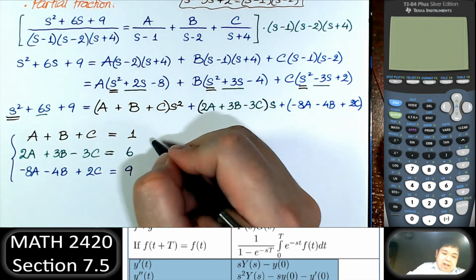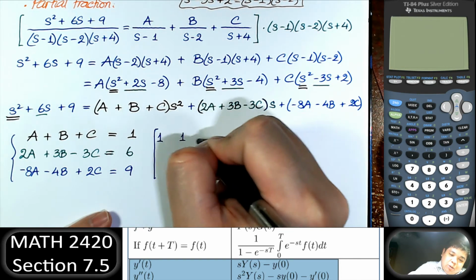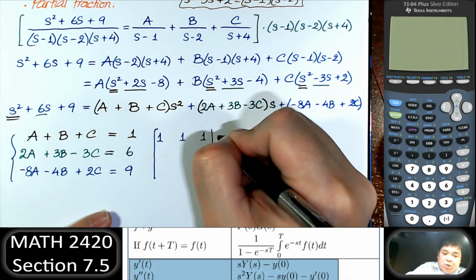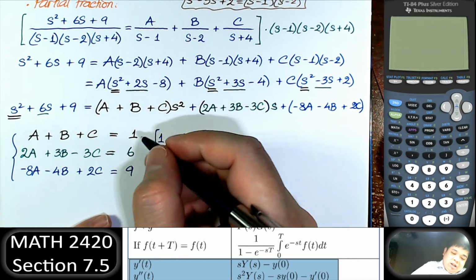I'll put that in the matrix: 1, 1, 1. You can go back to the previous section if you want to see how we use the calculator to do this.